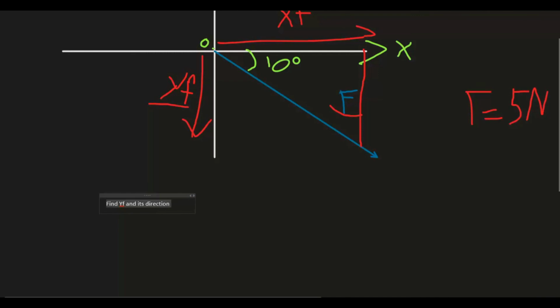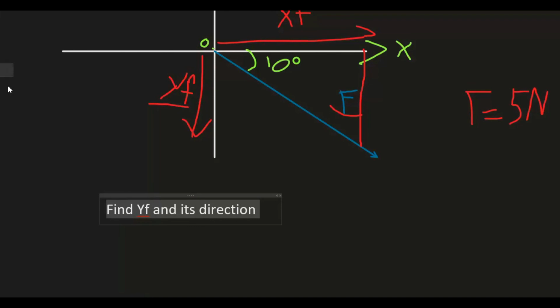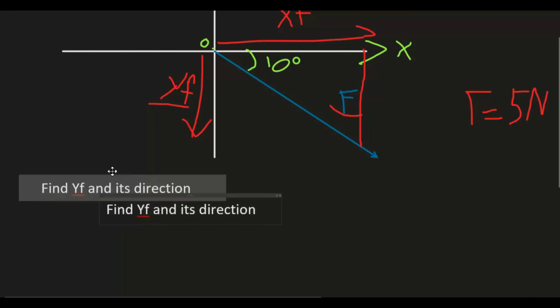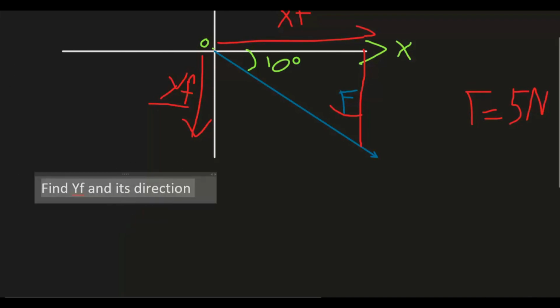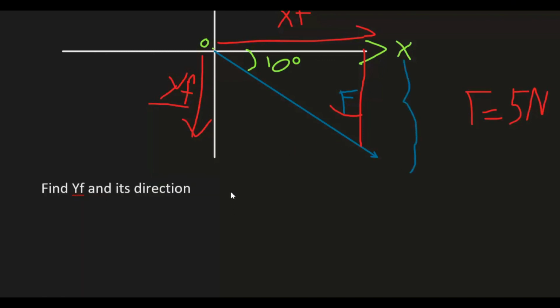If we are given a question where we need to find YF and its direction, first let's just find the magnitude, right? That's the easiest one. We have drawn a triangle here, and we know that this F is 5 Newton, and we need to just find this distance. So we can write that YF equals, we need to find this. We will be using the formula.